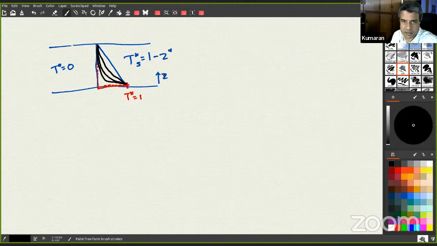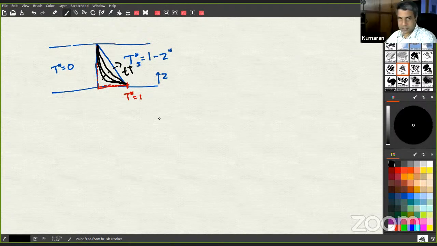As time increases, you get this kind of a progression. And that is what we had calculated using separation of variables. Is that clear? Yes, sir.